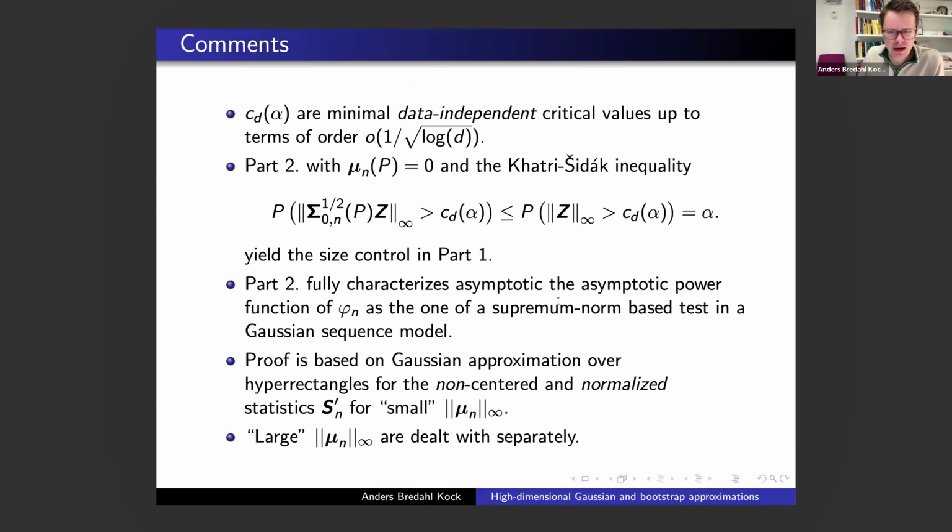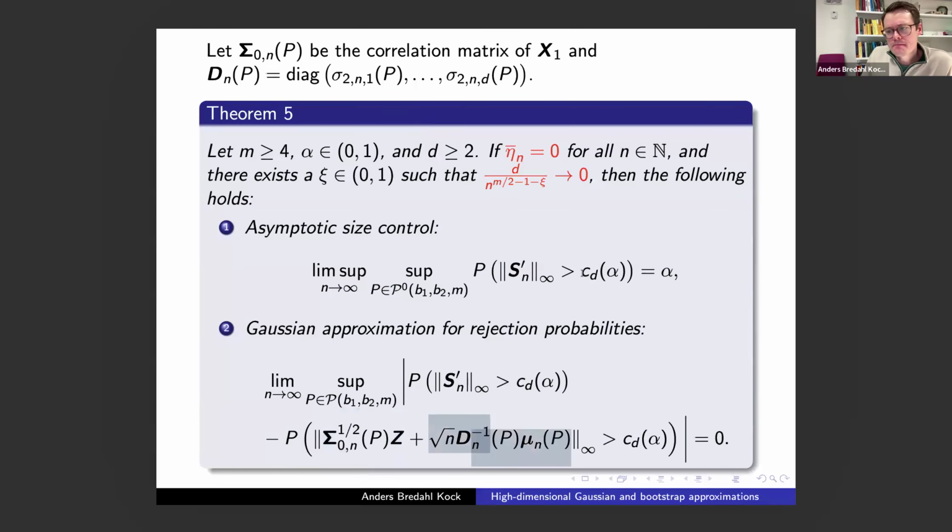Now I also want to say that this sequence of critical values is the smallest possible data-independent critical values that one can use, ensuring that this sequence of tests holds the size over this family of distributions.